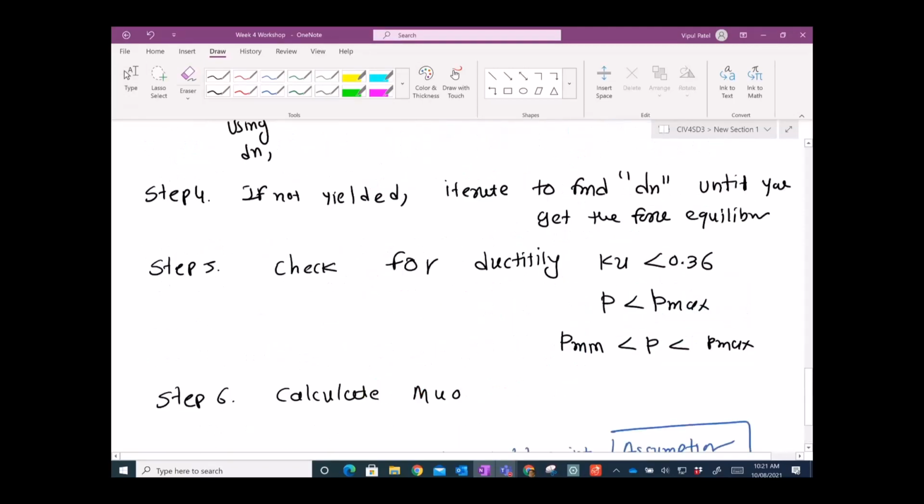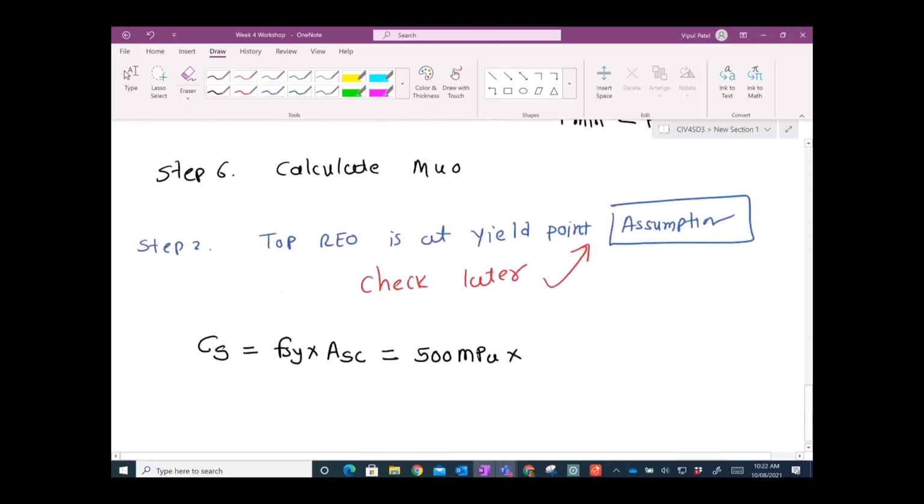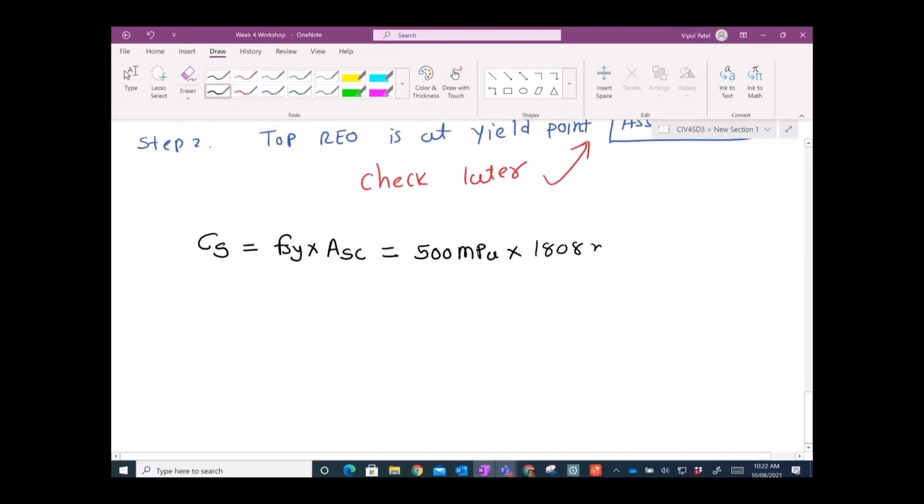So now you have ASC, which we calculated as 1808 millimeter square. Now we will have 500 times 1808, you get 904,000 newtons. So that is your force in the top rebar. Force in the concrete is alpha 2 fc dash times area, gamma ku, gamma B dN, because we don't know ku.